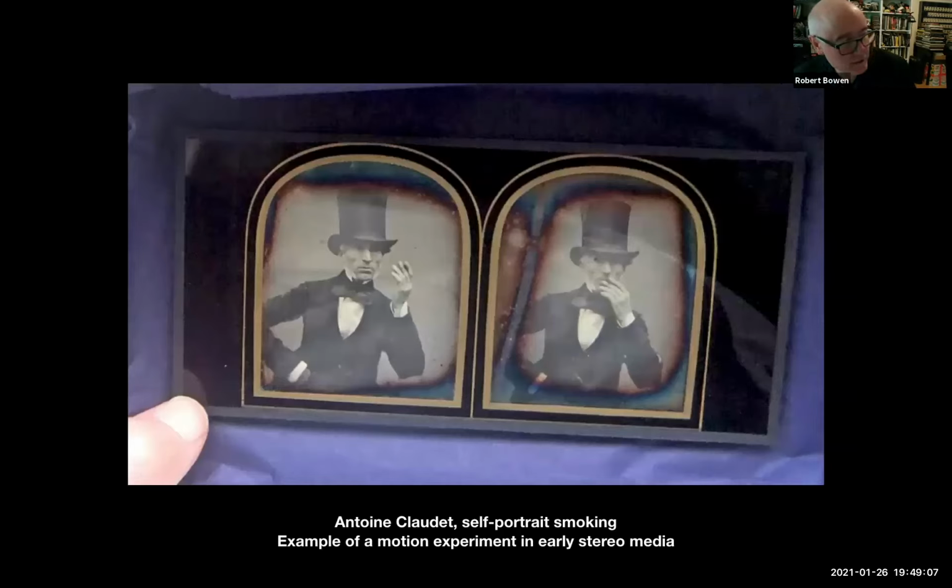This is a self-portrait of Claudet, and notice that the hand position has changed. So there's duration when you go from one image to the other. And what are those hands doing? Well, they're showing the extent of the motion of smoking a cigarette or smoking something.